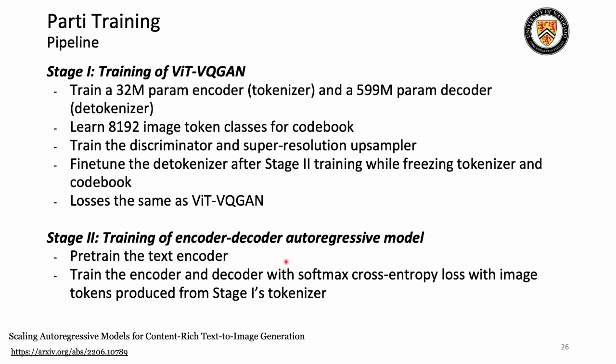Moving on to stage 2, the training of the encoder-decoder autoregressive model. Here, the text encoder is pre-trained. Then the encoder-decoder are trained together using softmax cross-entropy loss, which ensures that the model learns to predict the next image token effectively, based on the sequence of tokens generated by the tokenizer in stage 1.